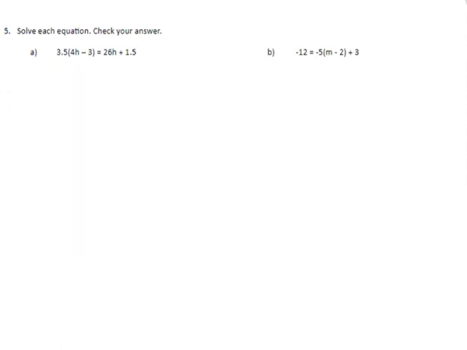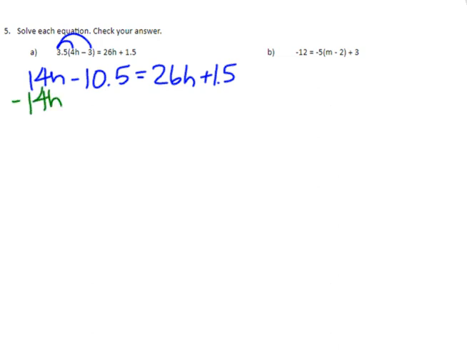All right, next couple are solving equations. So we'll begin by distributing. 3.5 times 4h is 14h. 3.5 times negative 3 is negative 10.5. And then I'm going to combine variable terms by subtracting 14h on each side.